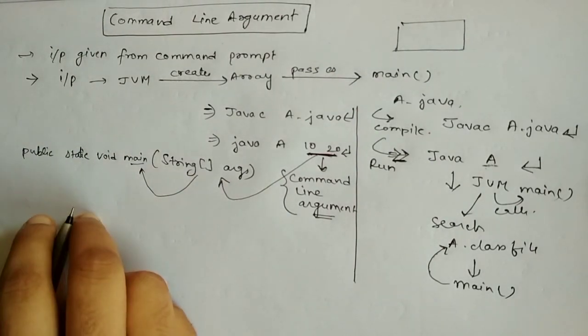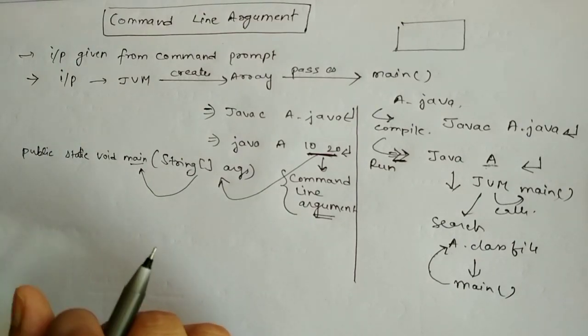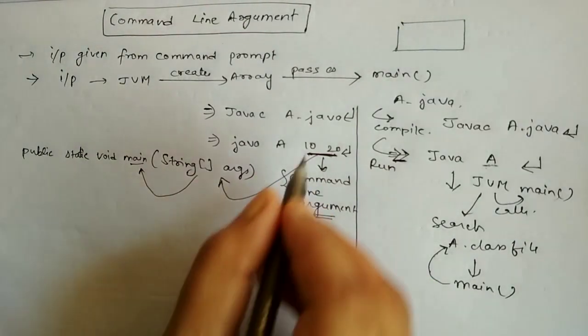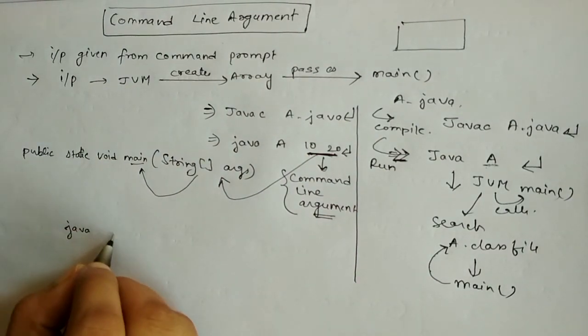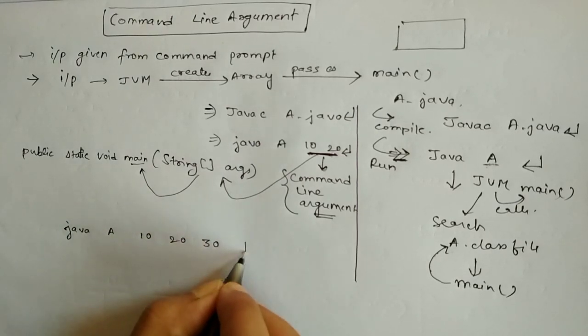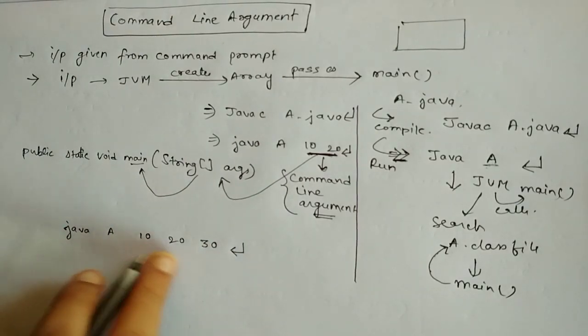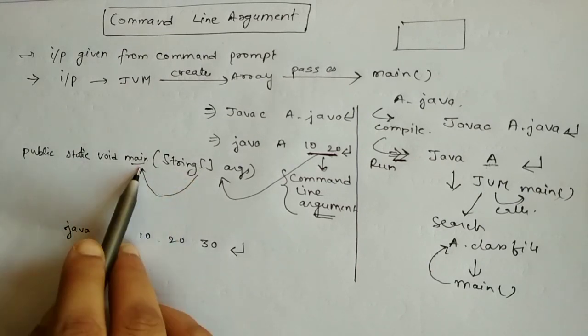So this is actually what command line argument is. If we write java a 10 20 30 and press enter, these things go to the array of the main method.